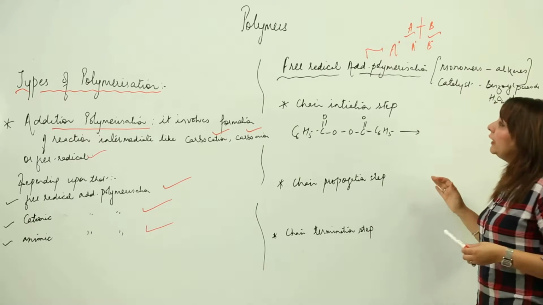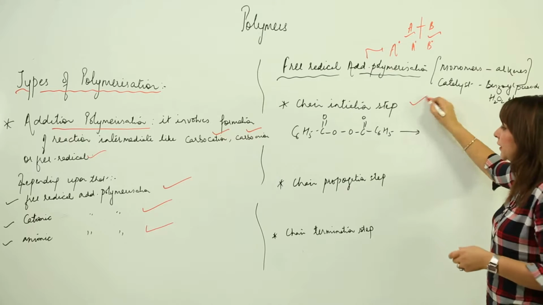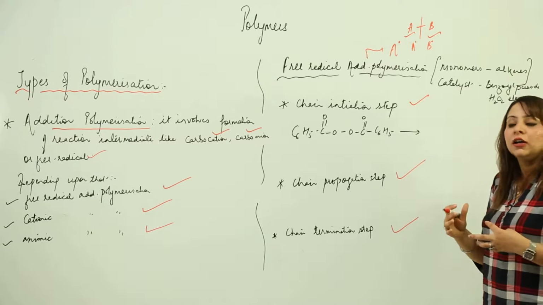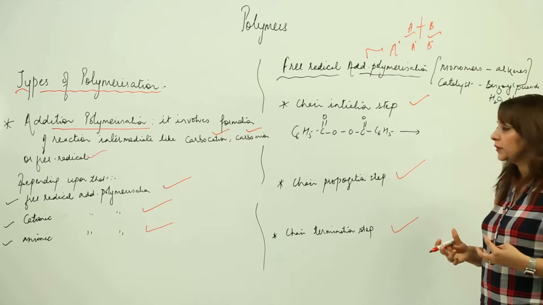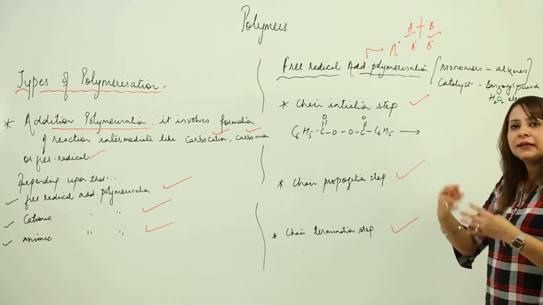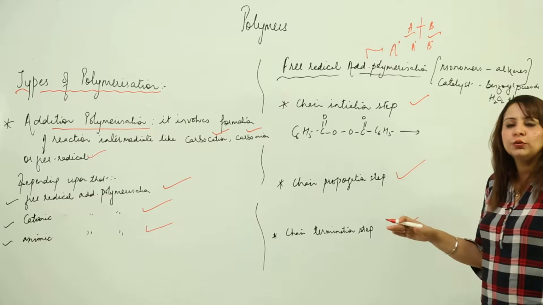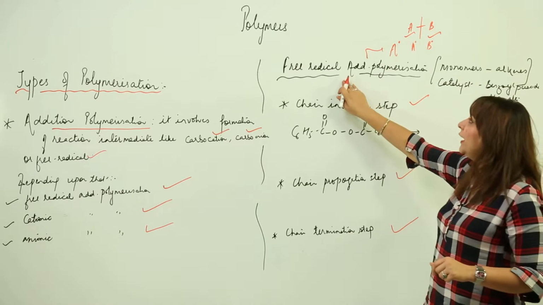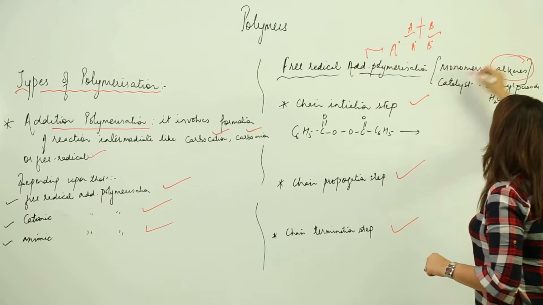So, the free radical mechanism involves 3 steps: chain initiation, propagation and termination. Initiation is where the catalyst starts functioning and the intermediate is formed, propagation means the chain will start linking up and the reaction speeds up, and termination is when we want to wind up the reaction, right.